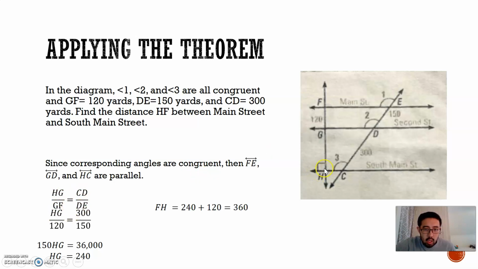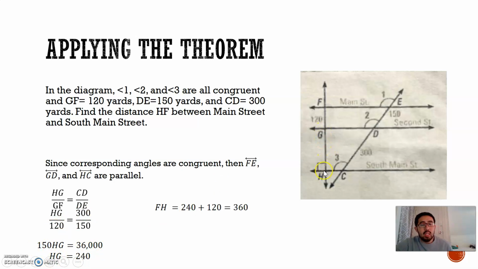HG, we don't know what that is. GF is 120. CD is 300. DE is 150. If I cross multiply, I get 150 HG is equal to 36,000. If I divide by 150, I get HG is 240.